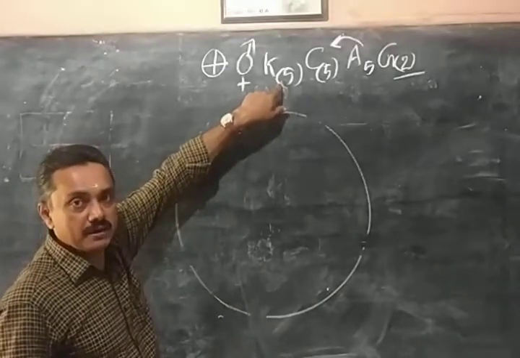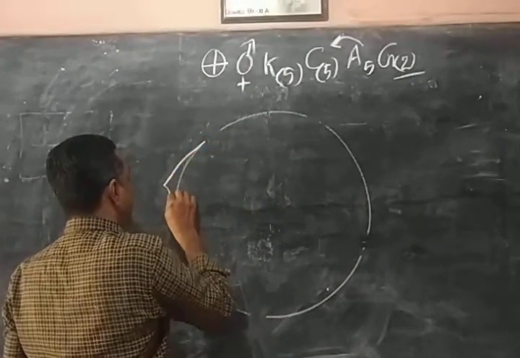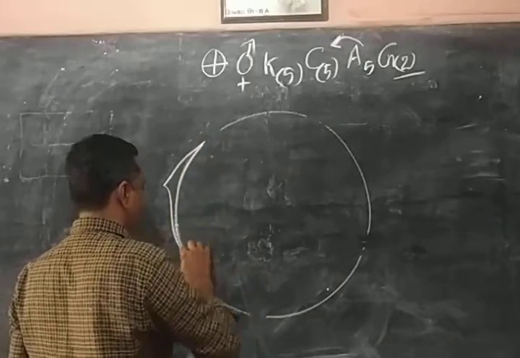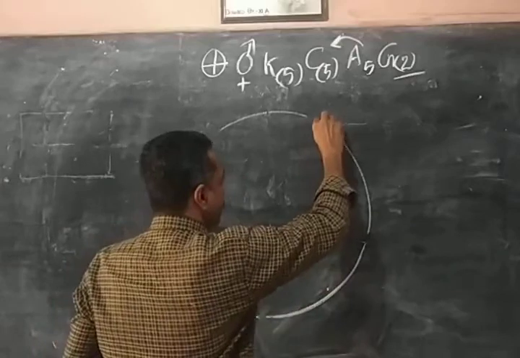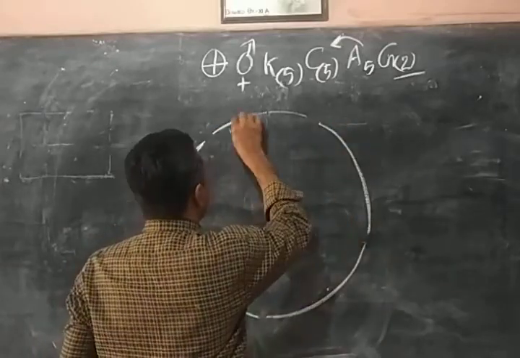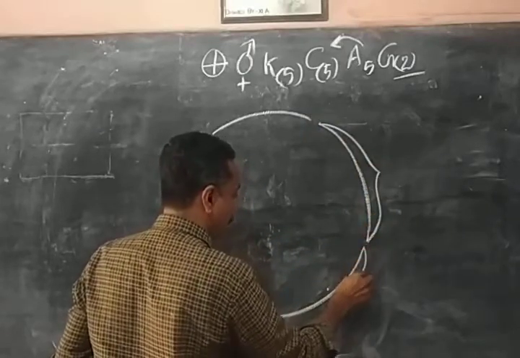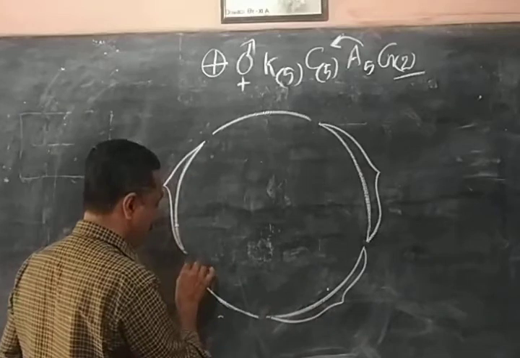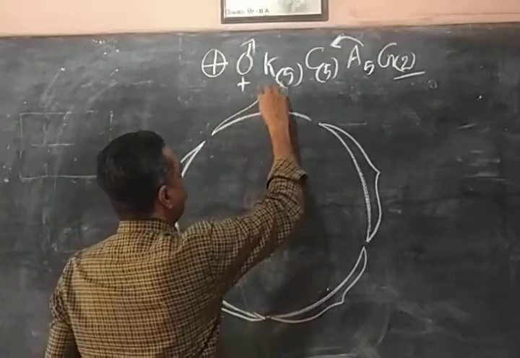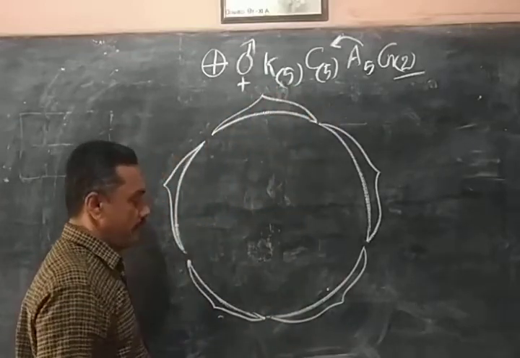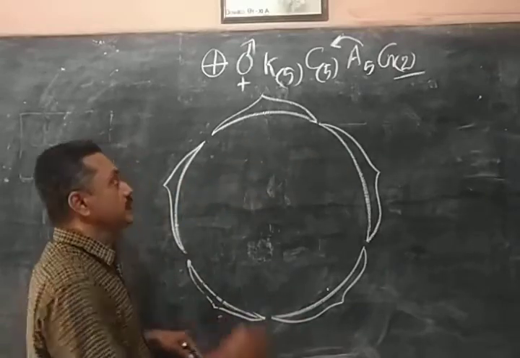Sepals are 5 in number and they are joined. 1, 2, 3, 4, 5 sepals, joined.